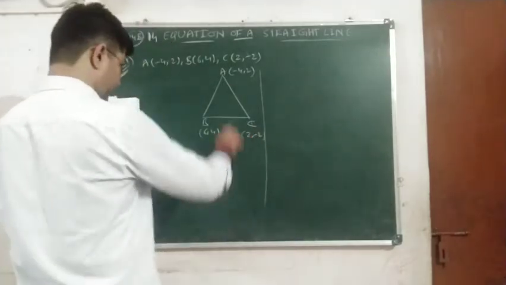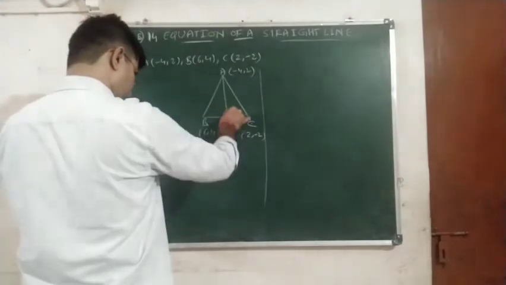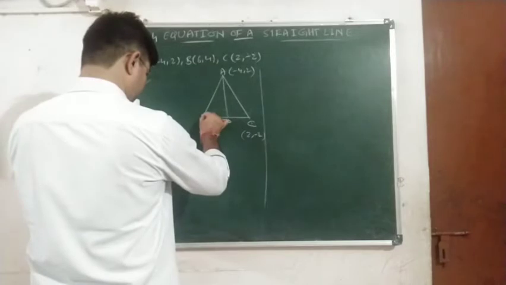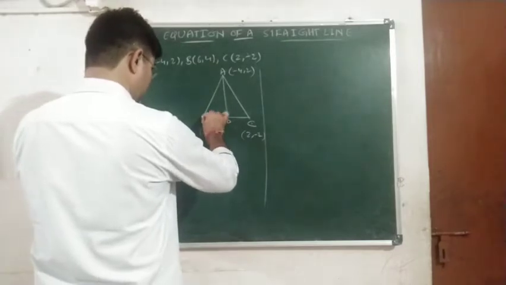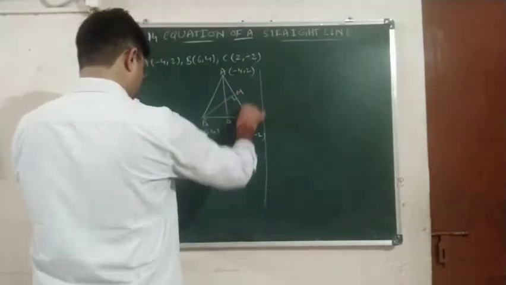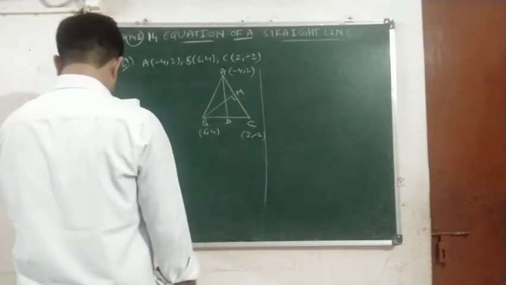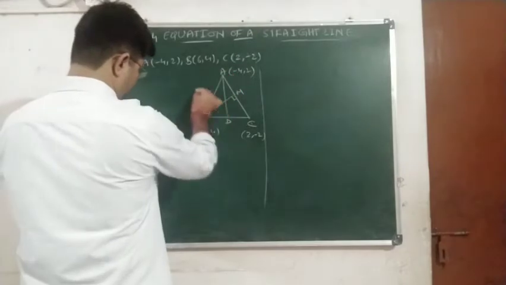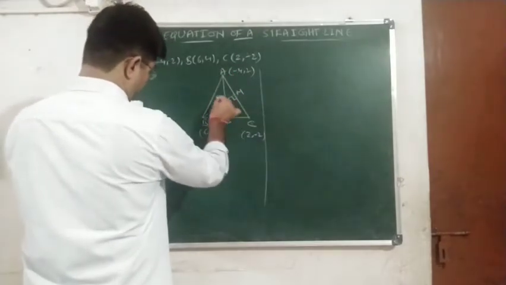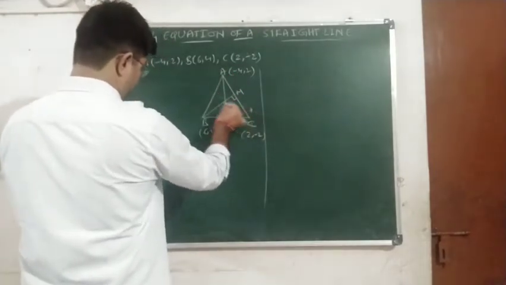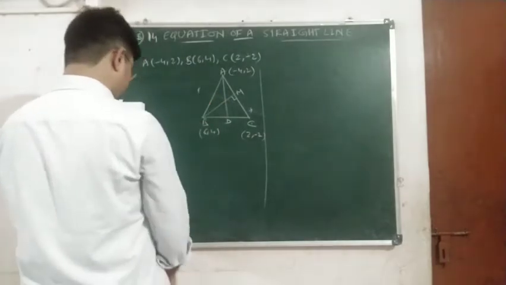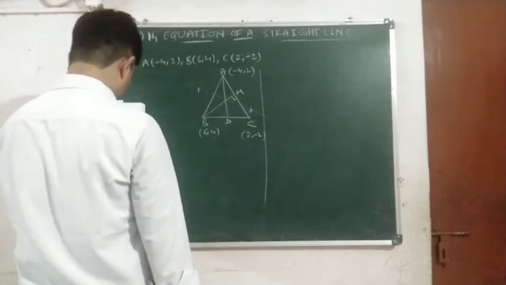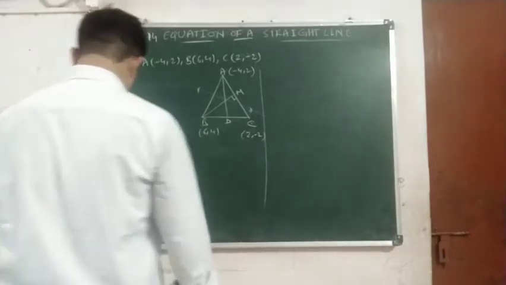We have to find the equation of median AD, the equation of altitude BM, the equation of the right bisector of AB, and the coordinates of the centroid of triangle ABC.